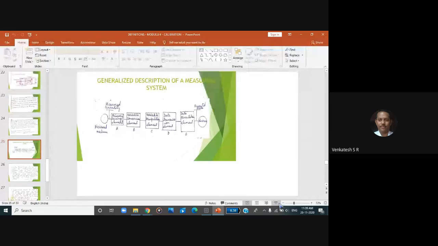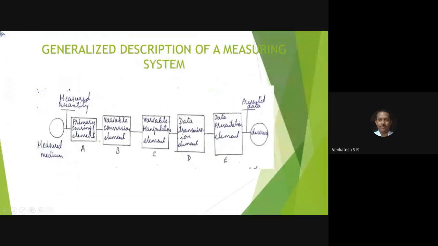Okay, all of you, write down the question: explain briefly with the block diagram, generalized description of a measuring system. Here you have 5 elements. You have to use the 5 elements for any type of measurement, whether it may be temperature, pressure, speed of the vehicle, running of the motor, speed of the shaft of the motor or turbine, or anything.